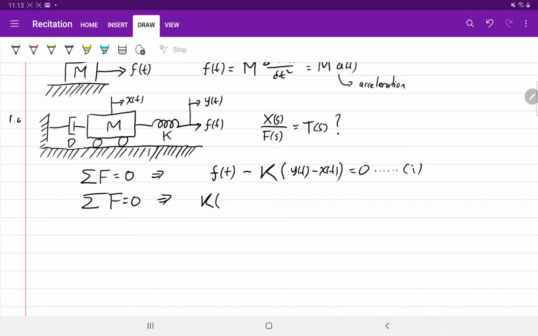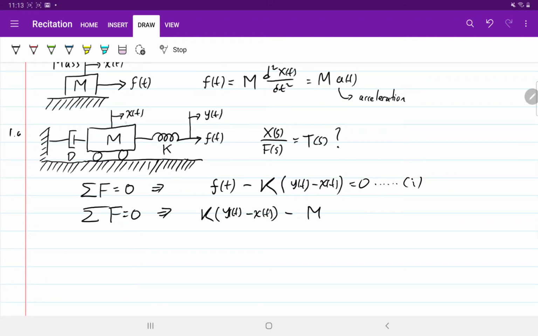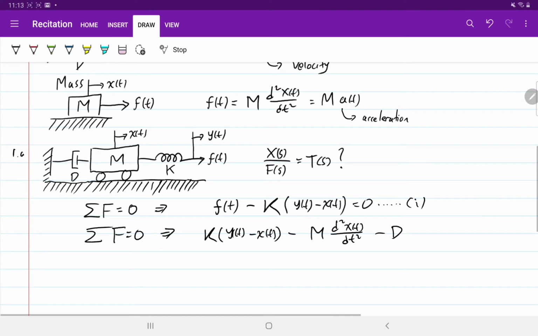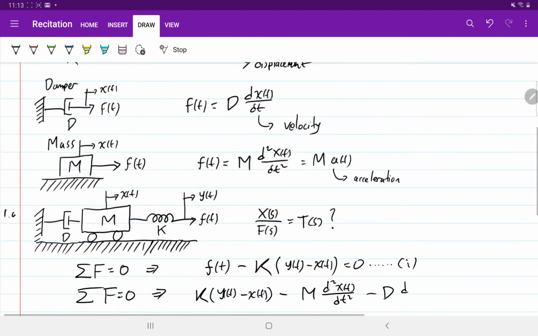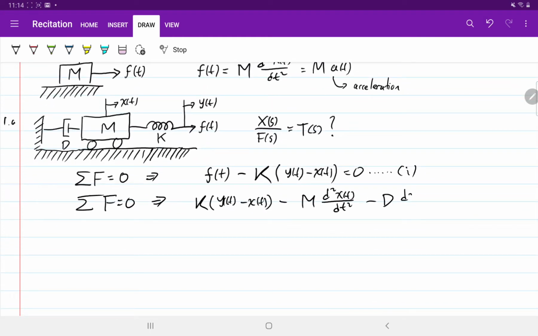So this is the force from the spring, similar to this, and the reaction comes from the mass and the damper. So m times the acceleration of this point, which is x(t), so d squared x(t) over dt squared, and minus the damper and the velocity, d times dx over dt.